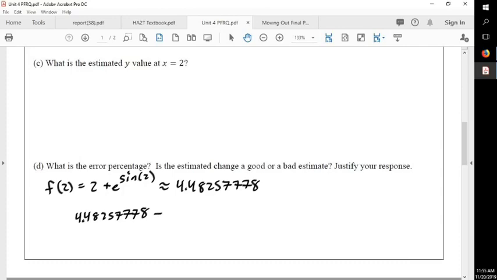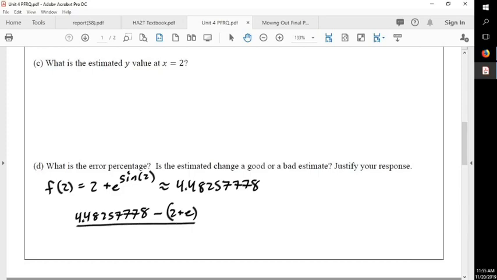Anyways, the way you find your error is you take the actual and subtract from that your estimated, which is 2 plus e. The difference doesn't really matter if it's a positive or negative change for error analysis, because in the end you just want the percent difference, like how off is the number.